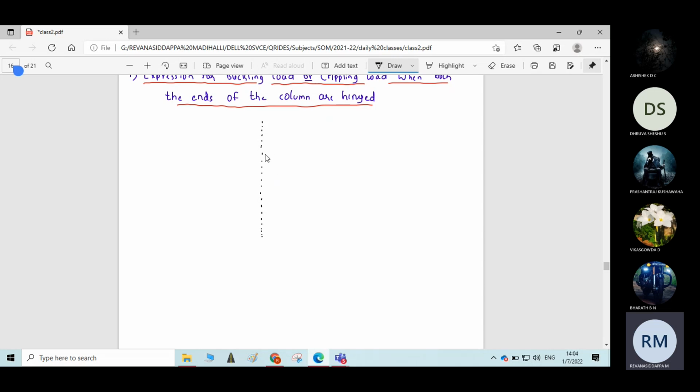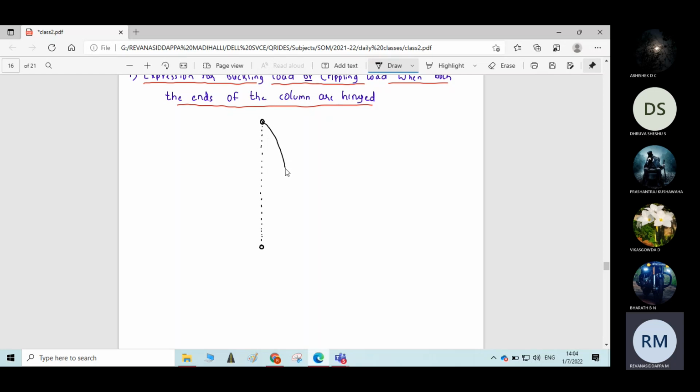Since both the ends of the column are hinged, you draw a small circle, a small bubble kind of thing, and you draw the deflected shape of the column now.